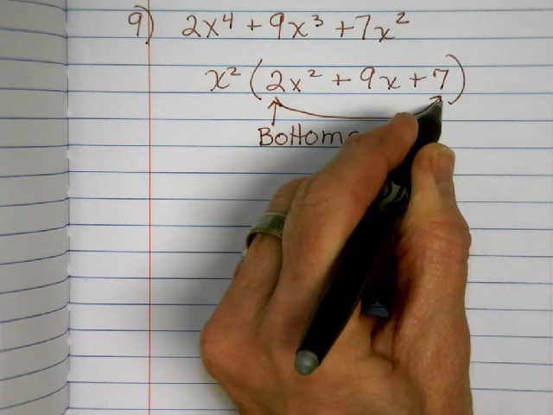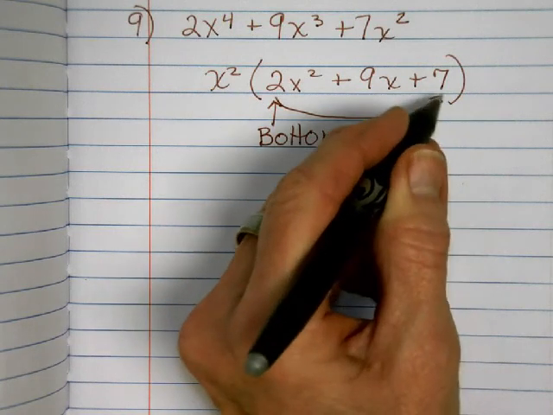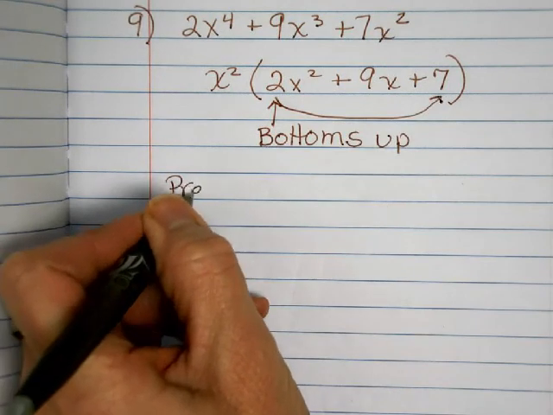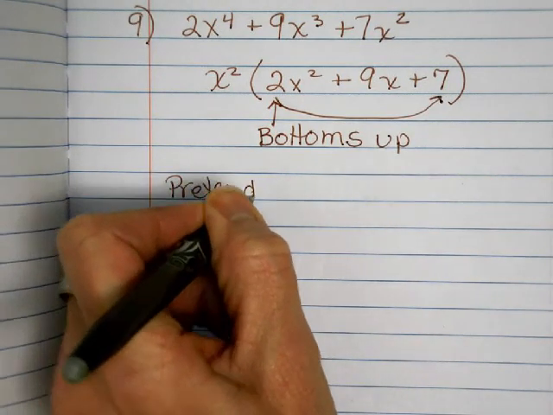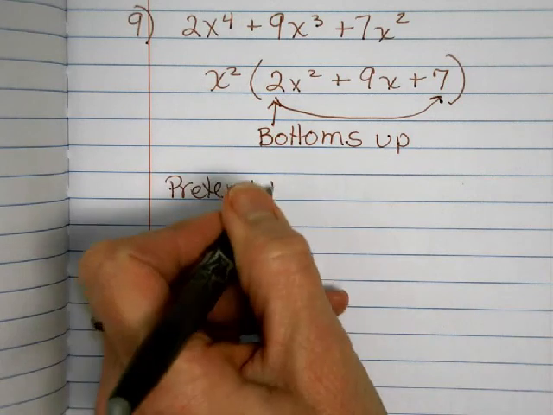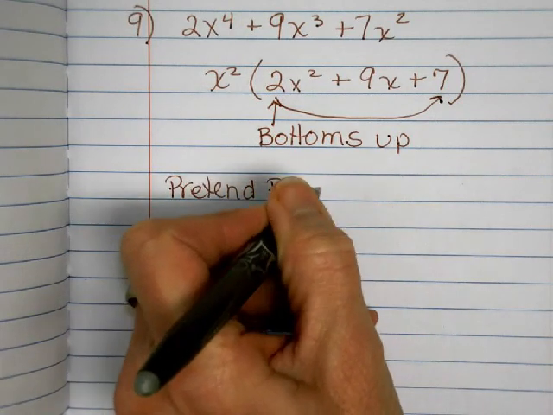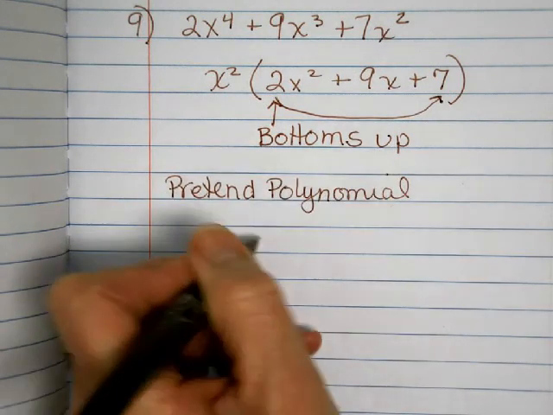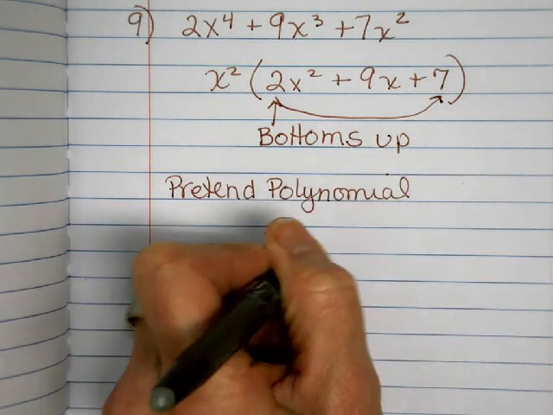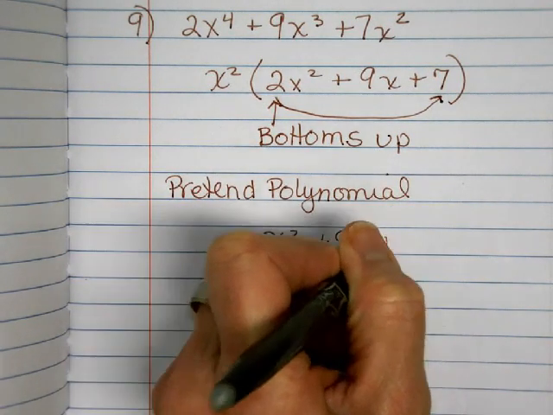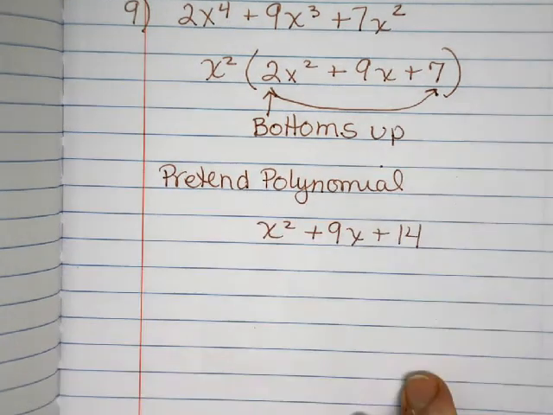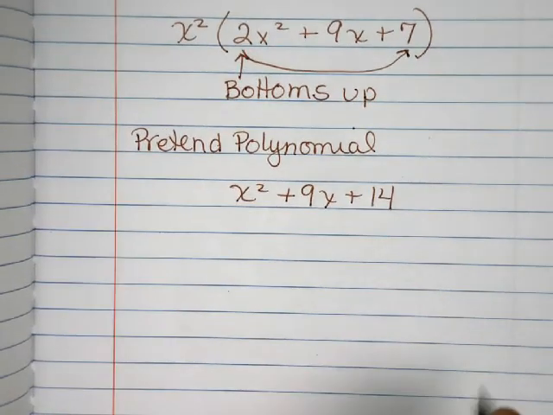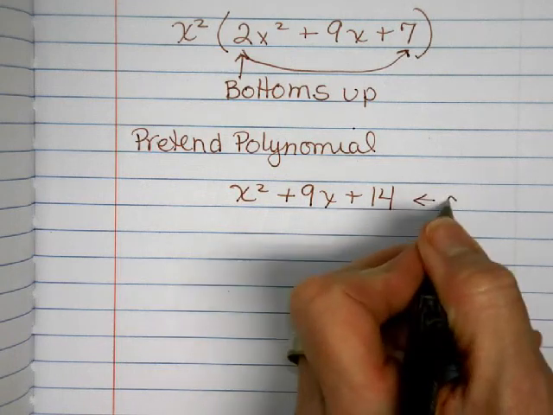All right. Bottoms up means you take that leading coefficient and you make a pretend polynomial by multiplying it to the end term. It's called a pseudo polynomial. So my pretend polynomial that I'm going to factor is x squared plus 9x plus 14.